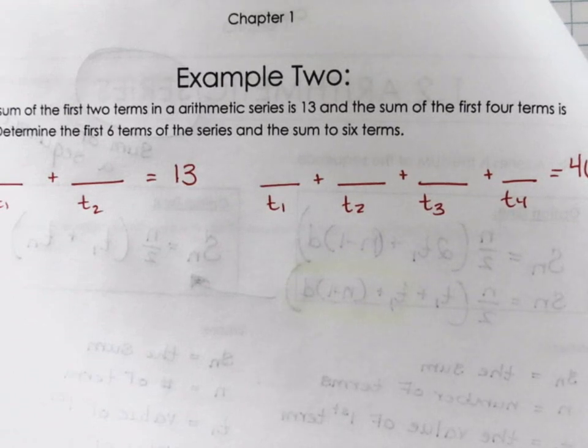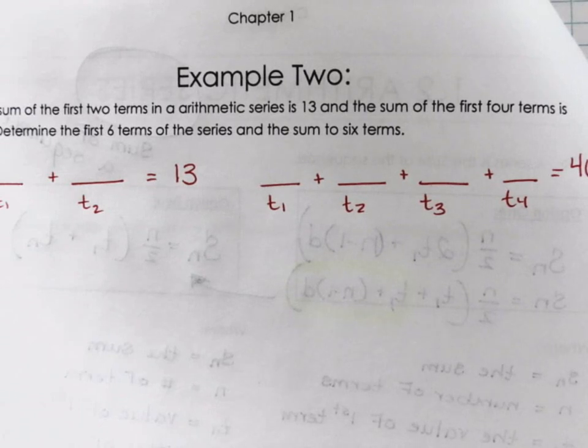So this is a lot more difficult. Do we know what the first term is? No. Do we know what the common difference is? Also no. Not helpful, eh? So what we're going to do is create an equation for both of these scenarios. We do know what the sum is.